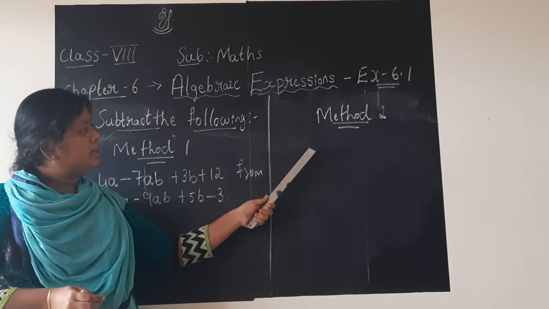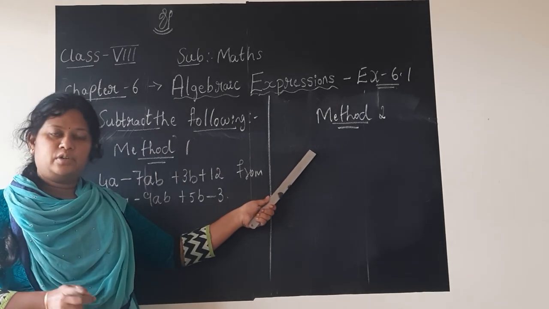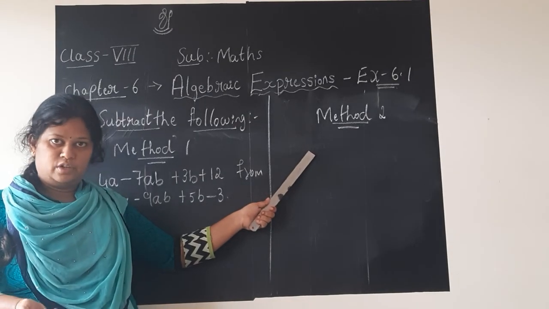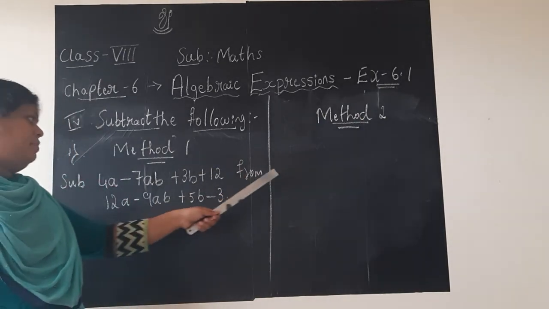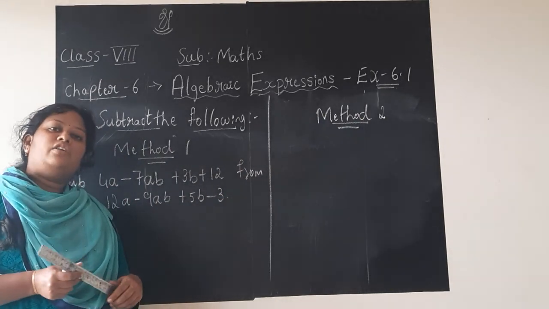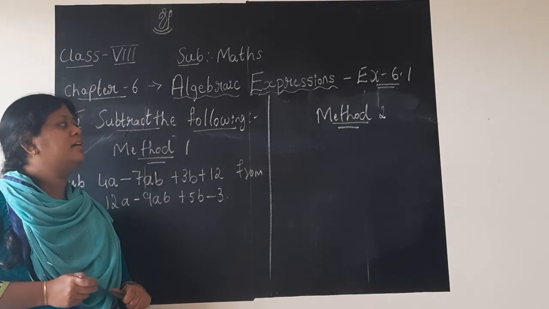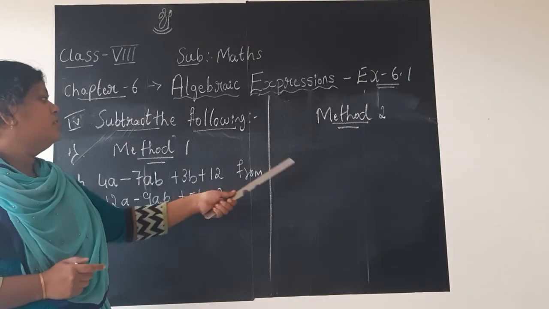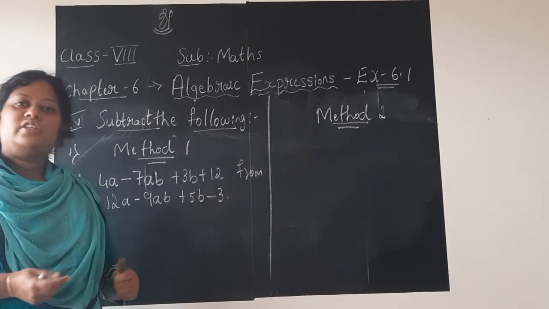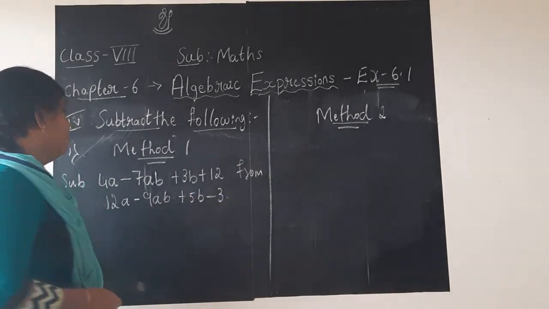So method 1, which you already know, that is not something new. Whichever is easy for you, you can follow children. I am teaching you this method too because many of your friends asked me that they are feeling difficult, they did not understand the subtraction. So I am teaching you one more method, whichever you want you can follow.